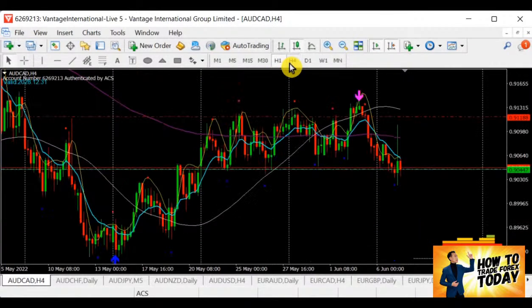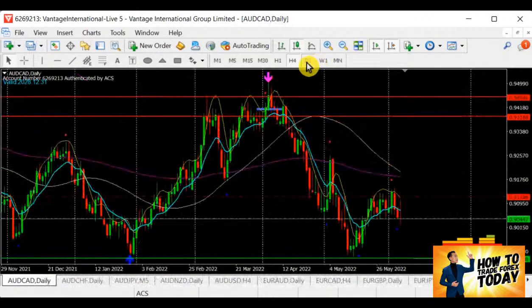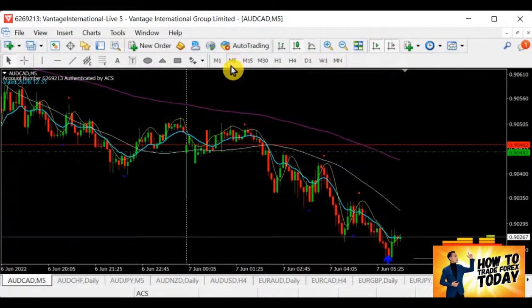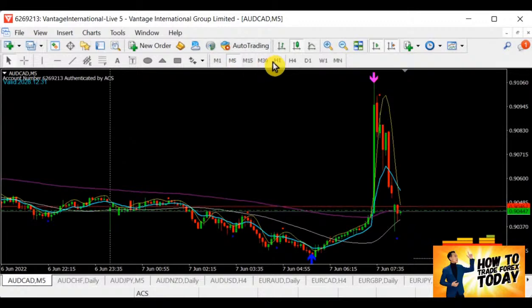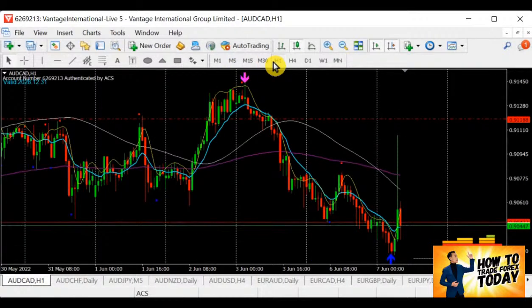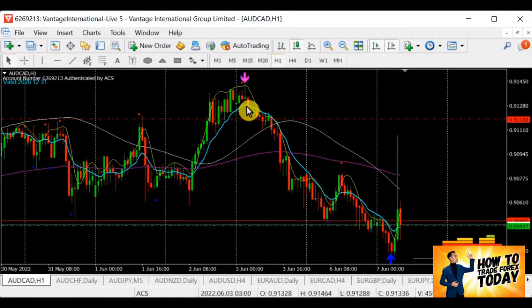Then I will start trading. Aussie CAD is still good tentatively. I will be focusing on selling Aussie CAD, but we need to break the support before we can do any trading.